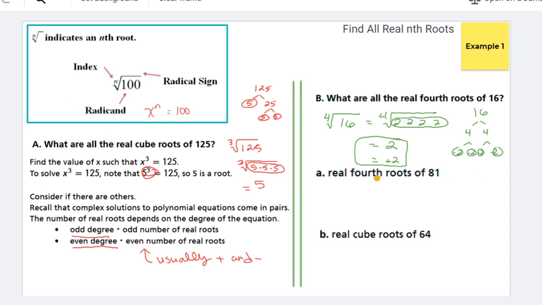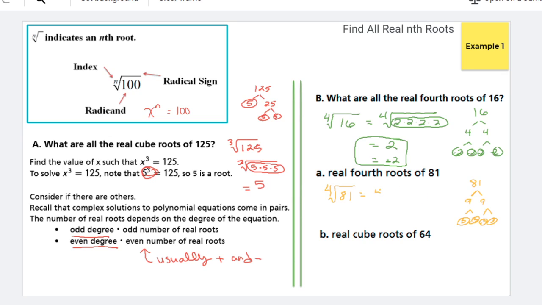Let's try another one. This one says the fourth roots, so 4 for my index, of 81. Now recall, 81 is 9 times 9, and 9 is 3 times 3.